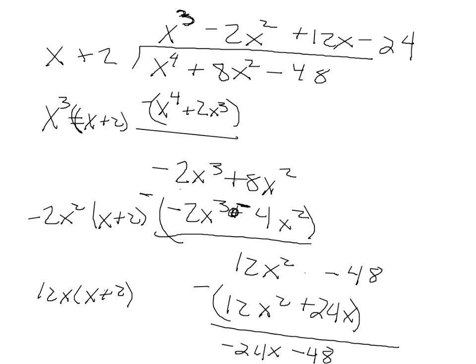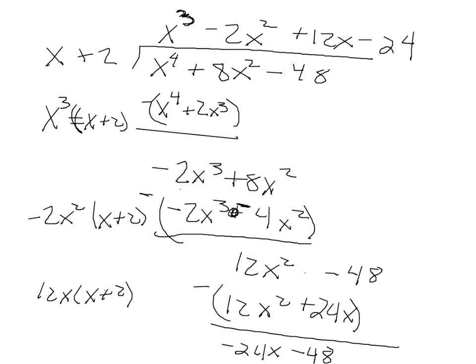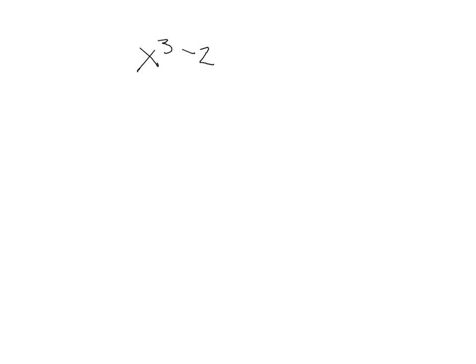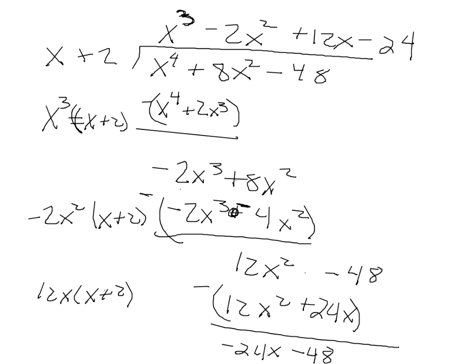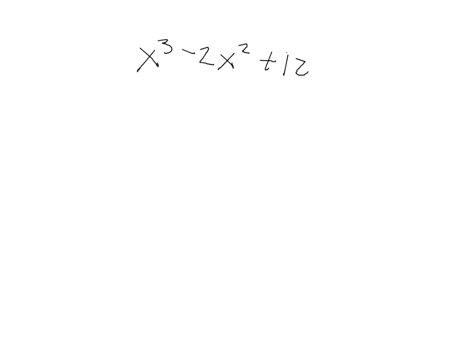That doesn't look a whole lot better. You might be able to do factor by grouping. I mean, you can do factor by grouping, but we can take this polynomial, minus 2x squared plus 12x minus 24, and divide it by the other factor.